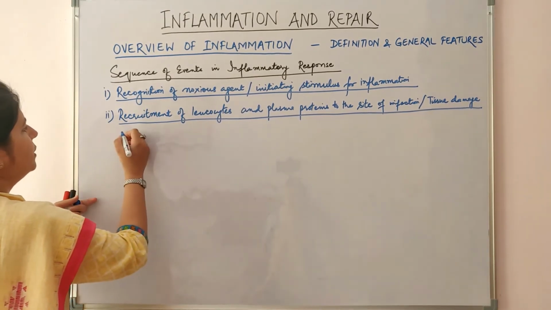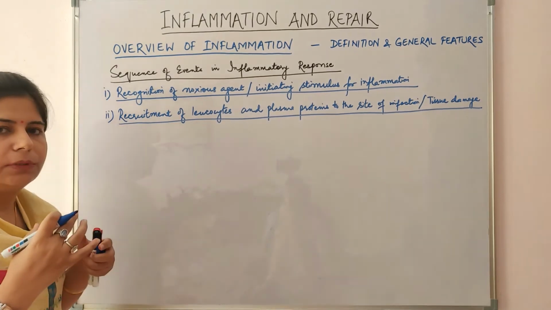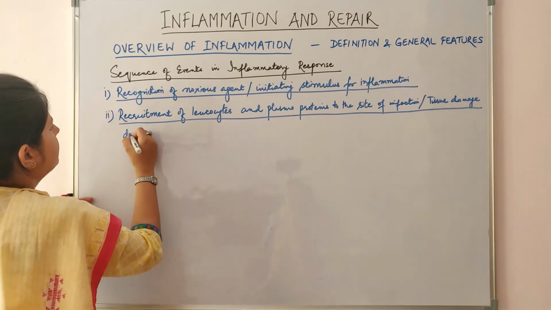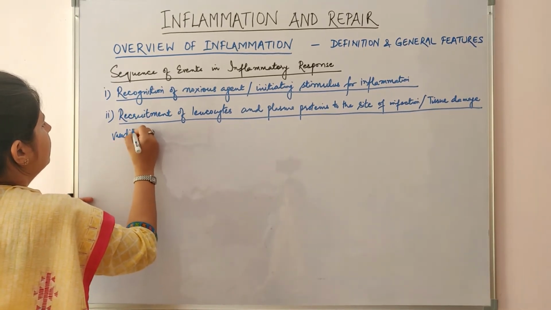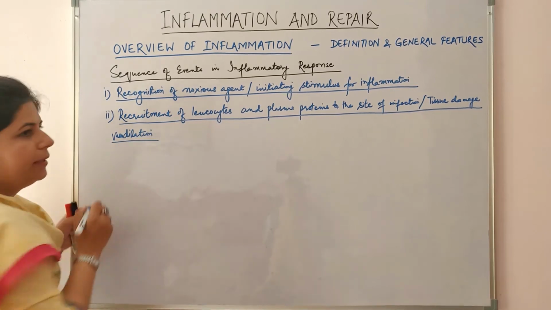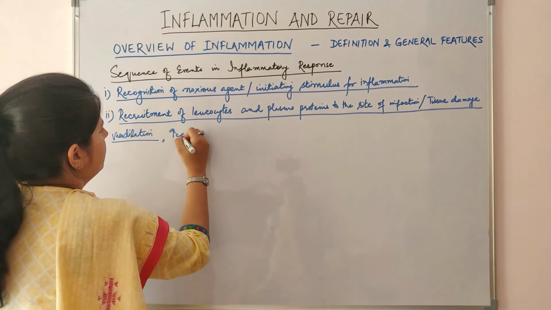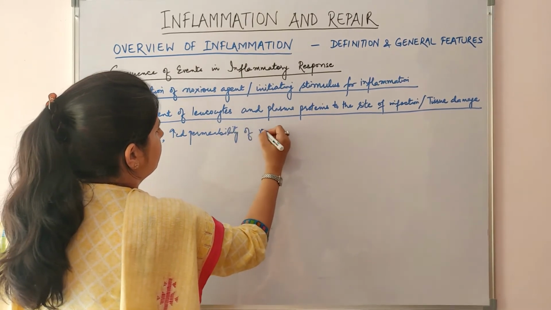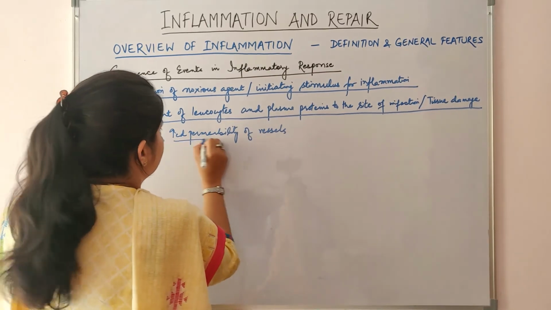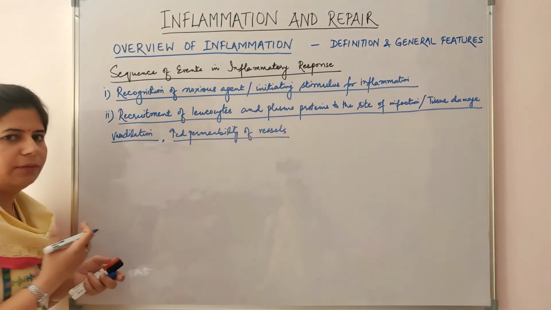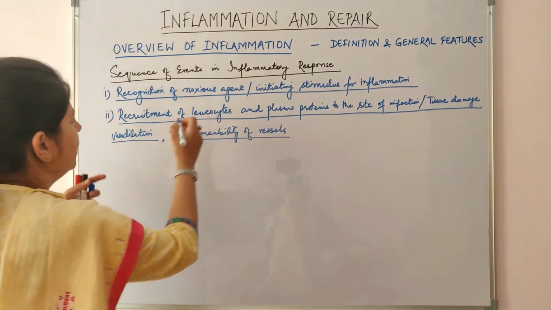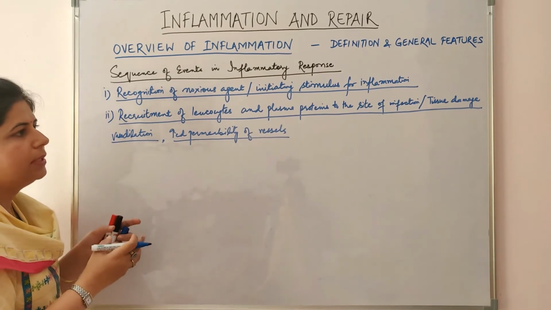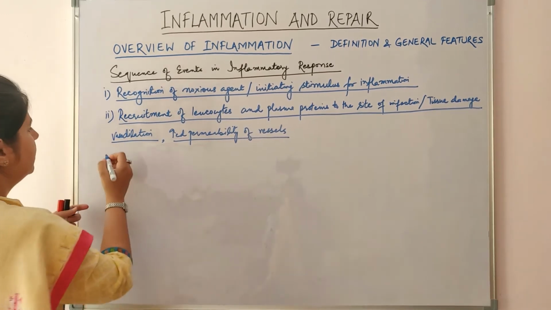This is accomplished by changes in the caliber of the vessels. There is vasodilation and also increased permeability of the vessels. Now the vascular changes occur because of certain mediators. So these leukocytes and plasma proteins leave the circulation and come to the site of infection or the tissue injury.